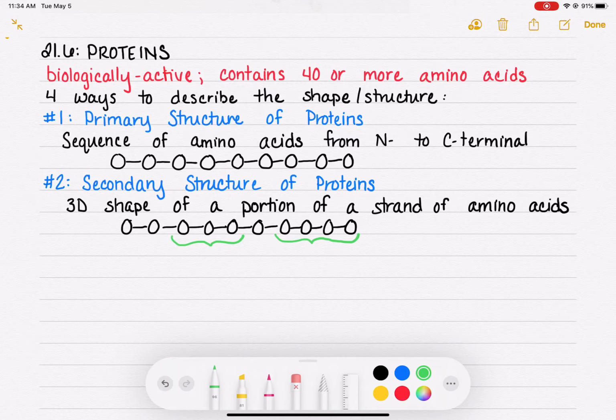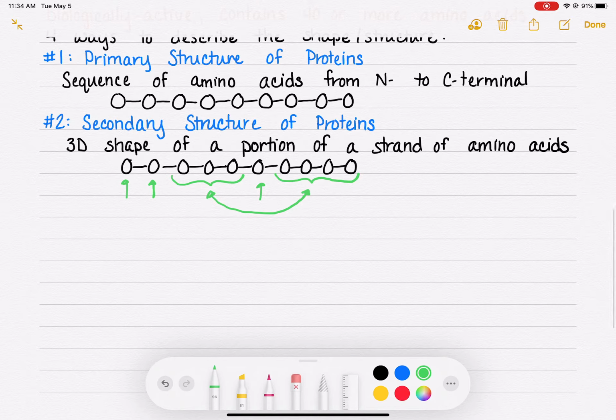Not all of the amino acids will participate in the secondary structure, so some of them will be left out, like these guys right here. And the secondary structures in a protein, there could be two, there could be more than two, and they're not necessarily affiliated or associated with each other or dictated by each other. The secondary structure is created when there is hydrogen bonding.